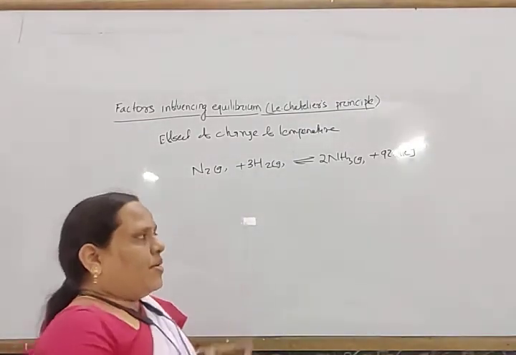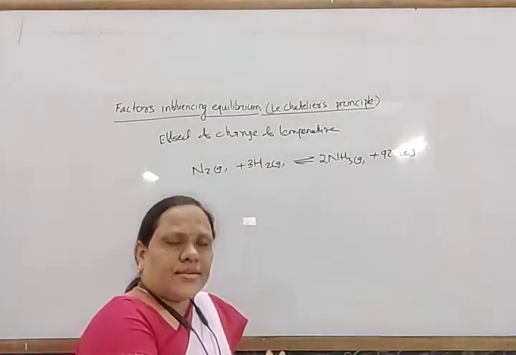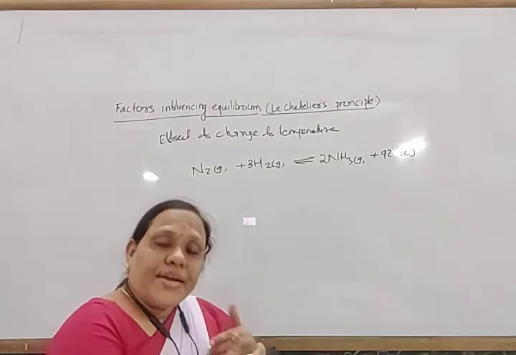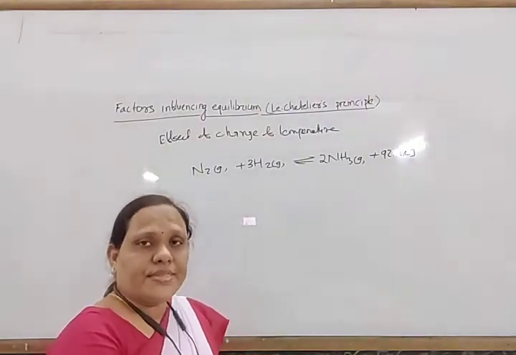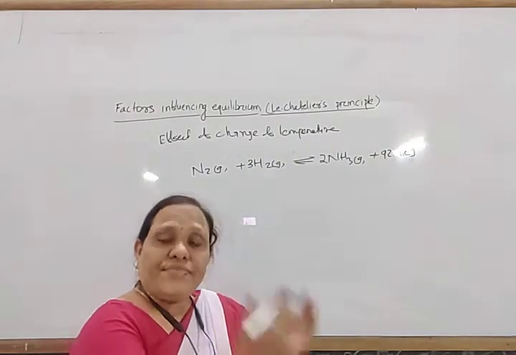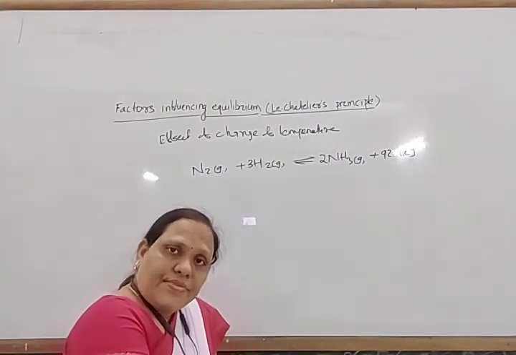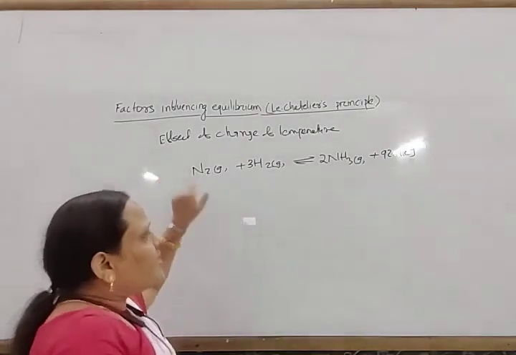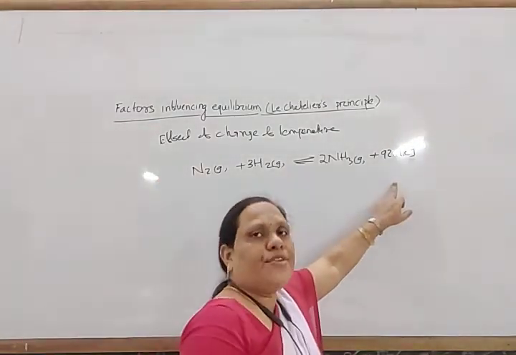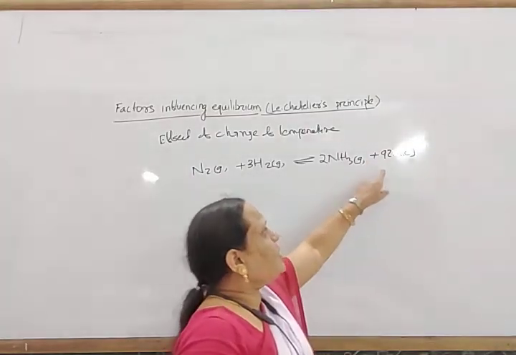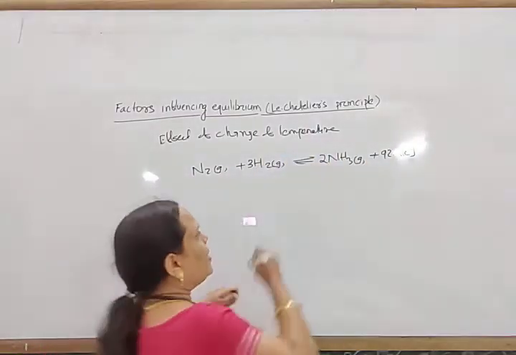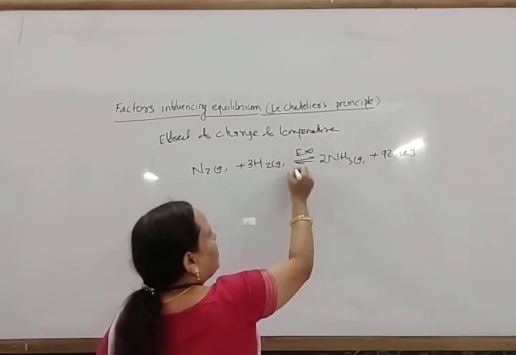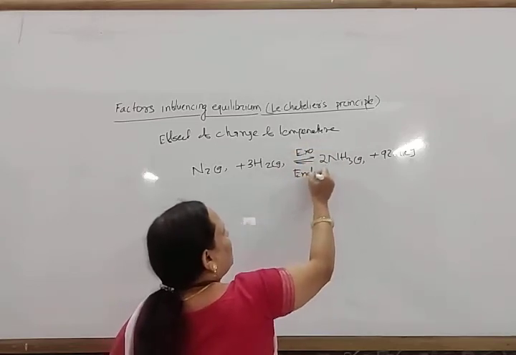So what is the effect? The equilibrium always wants to decrease the effect of change. By changing temperature, to cancel that effect, the equilibrium shifts in another direction. This reaction is exothermic in the forward direction and endothermic in the backward direction.